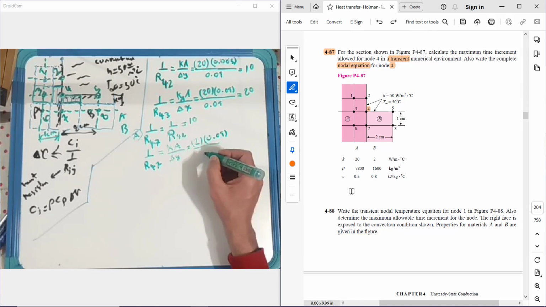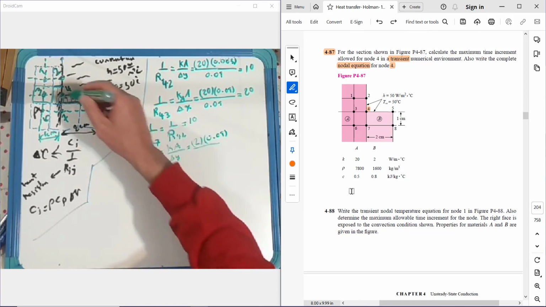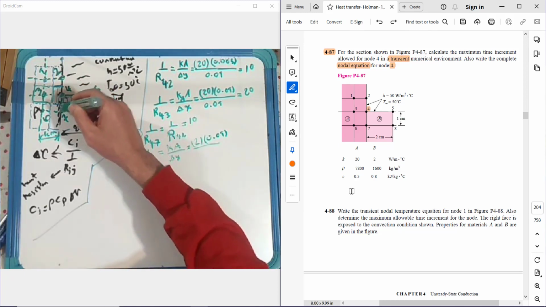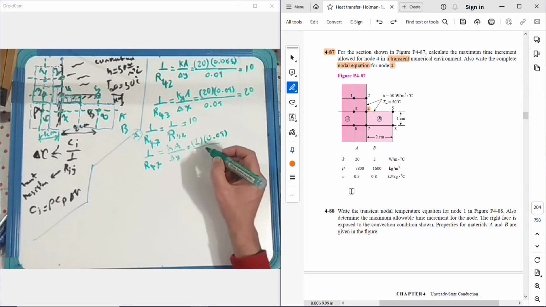Am I right? Between point 4 and 7, 1 centimeter.